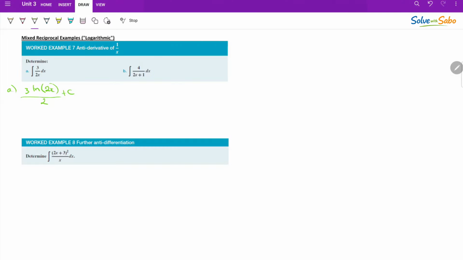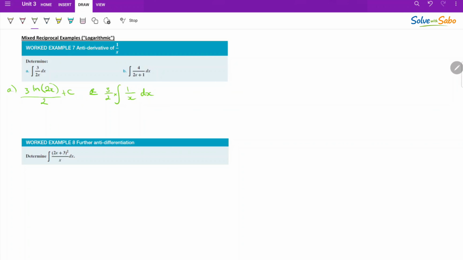Now, the issue is ln of 2x could be a lot more difficult to solve than if it was just ln of x. So another thing we can do, before I anti-differentiate this, or let's choose a different technique, I could say this is the same as 3 over 2 times the integral of 1 over x.